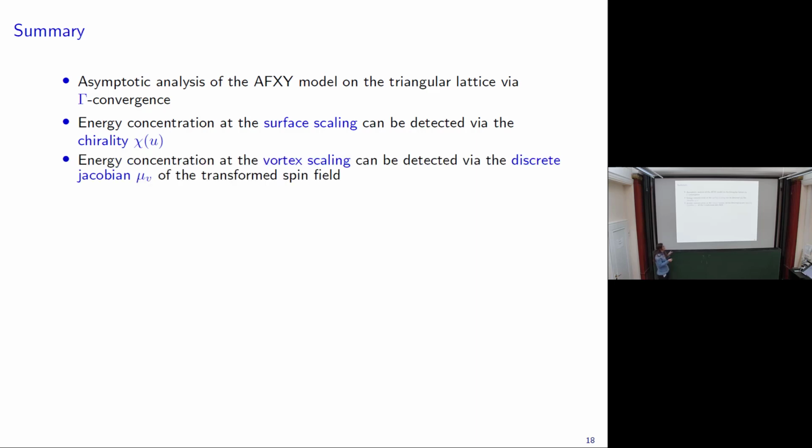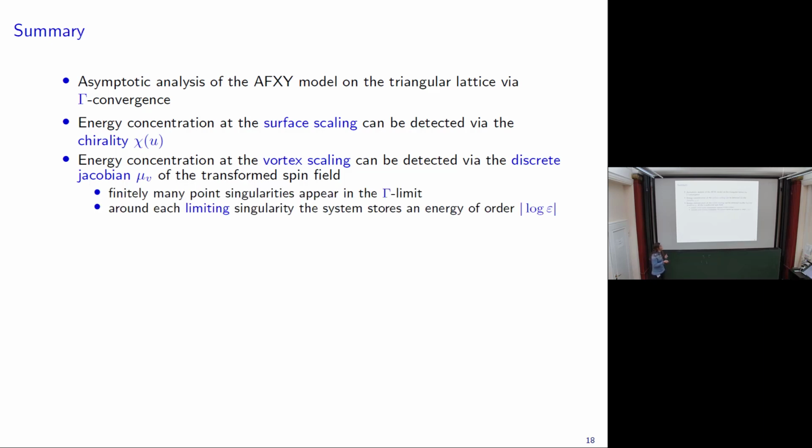And we have seen the energy concentration on the vortex scaling, which can be seen in the vorticity measure, if you want the discrete Jacobian of a transformed field. For those, we have seen that there are finitely many point singularities which appear, and all those finitely many limiting singularities store an energy of order log epsilon.